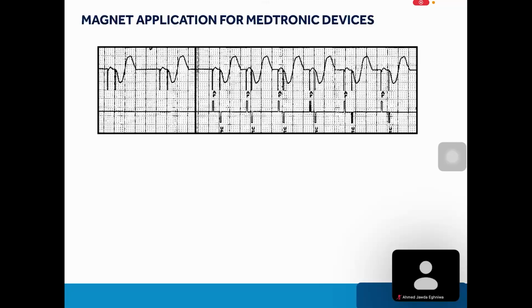If the patient comes to your clinic and doesn't know which type of pacemaker he has, you put a magnet, and according to the rate, all manufacturers have two rates. One rate indicates that the battery is normal, not at end of life.